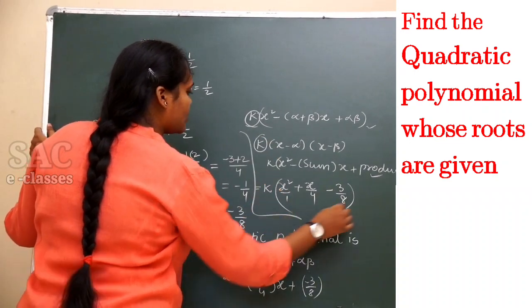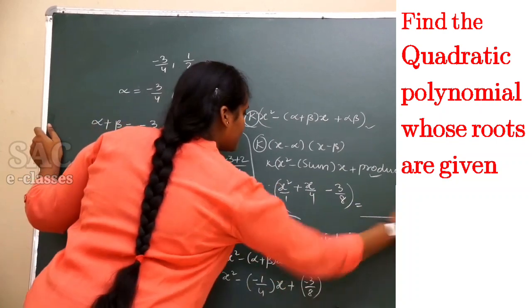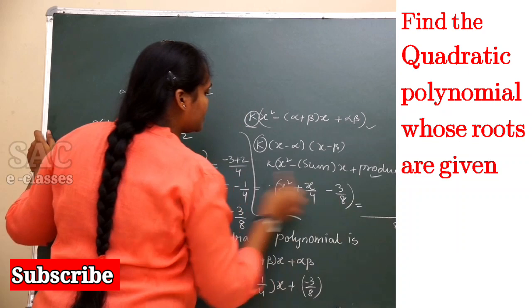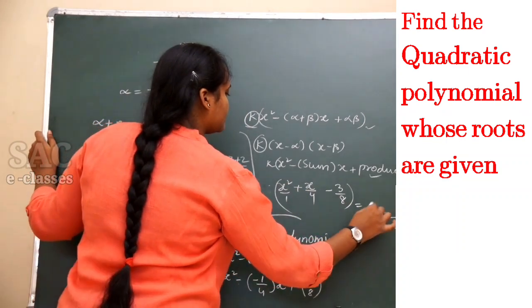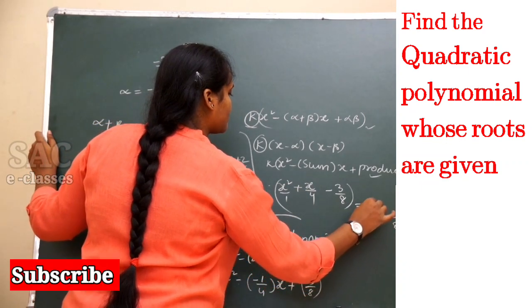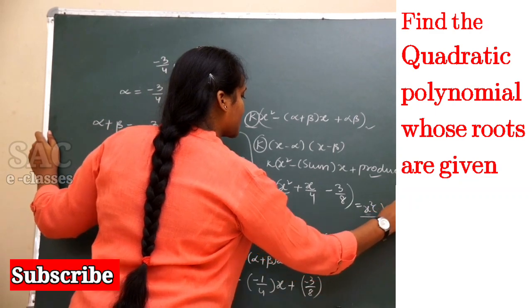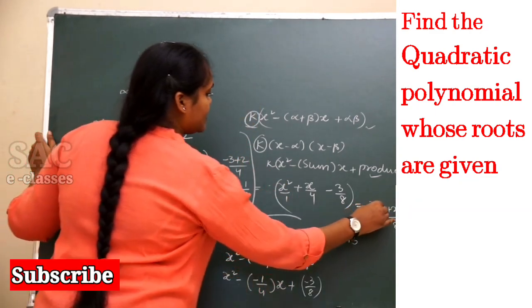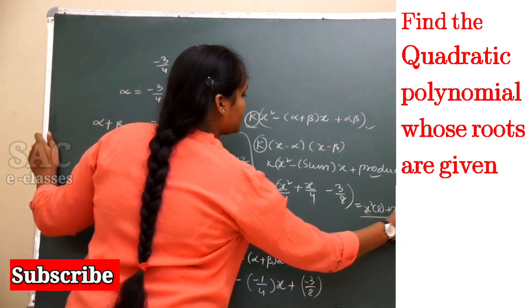Until here, okay. Now let us find the LCM of the denominators. x square some gap plus x some gap minus constant 3 some gap. 8 times 1 is 8, 8 times 4 means 2, and 8 times 8 means 1.